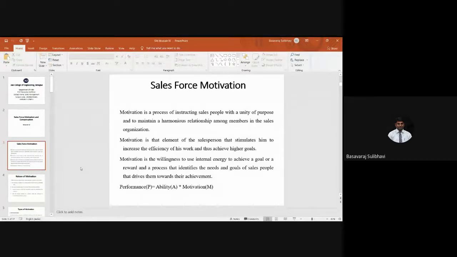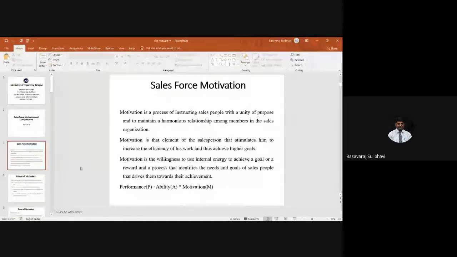Okay. So second, motivation is that element of a person that stimulates him to increase the efficiency in the work given to him, and also makes him have a type of attitude of a higher achiever of goals, right? Especially when we talk about sales, it always looks into the targets and customer satisfaction.